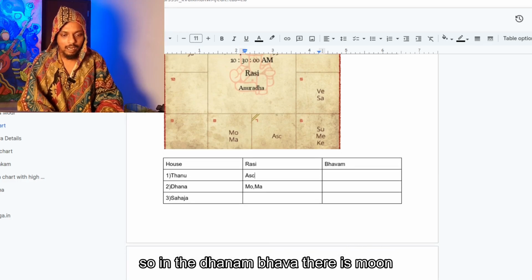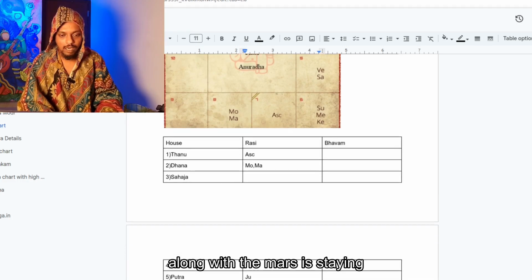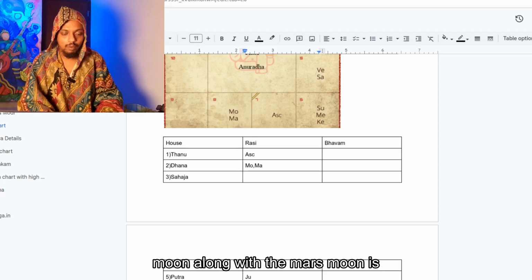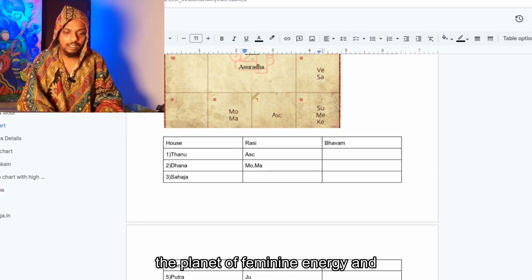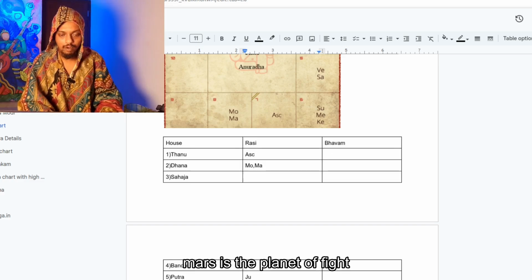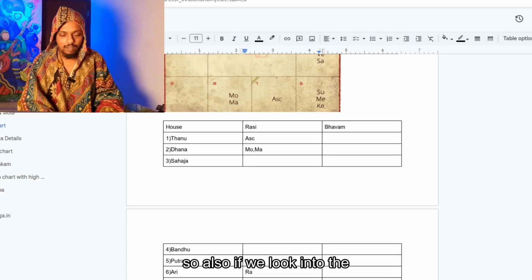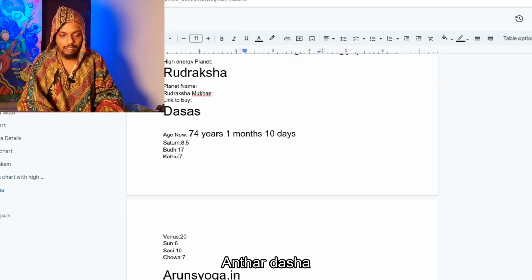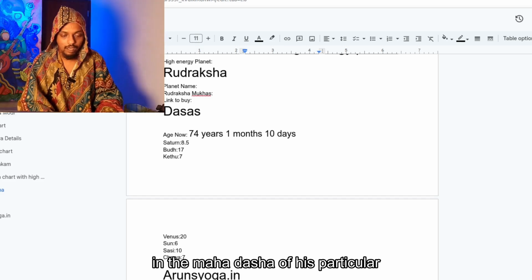In the Dhana Bhava, there is Moon along with Mars. Moon is the planet of feminine energy, and Mars is the planet of fight. Also, if we look at the Antardasha in the Mahadasha of his particular planet, we could see it is Chova.